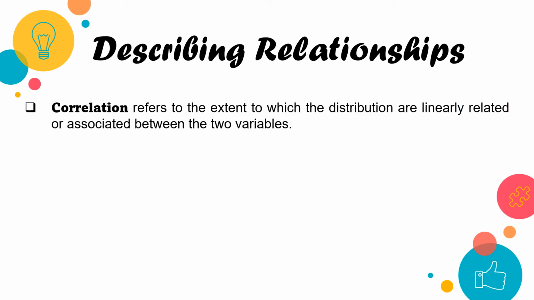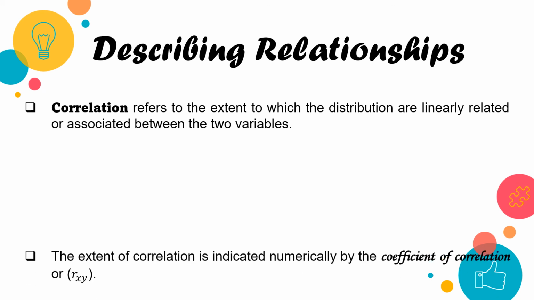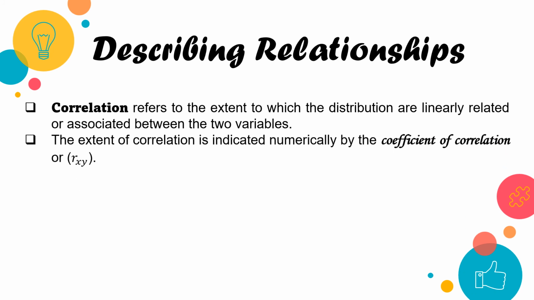Now, when we say correlation, it refers to the extent to which the distributions are linearly related or associated between the two variables, the relatedness of the two, or the relationship of the two variables specifically. The extent of correlation is indicated numerically by the coefficient of correlation or the R sub xy.